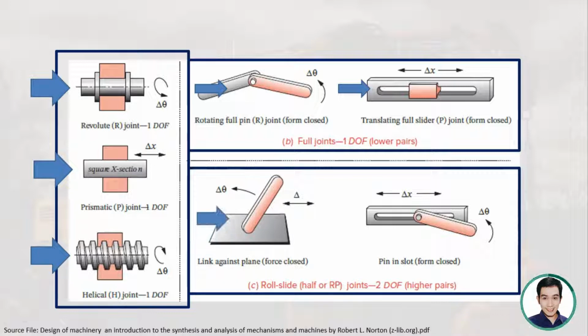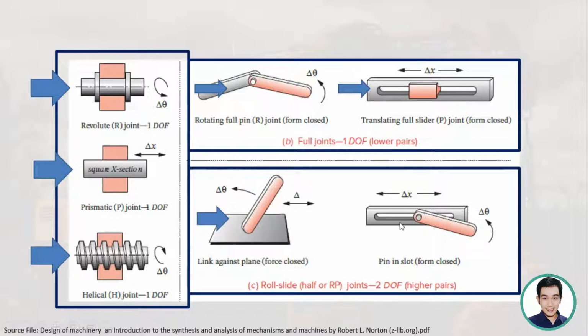For the link against plane, it's considered a force close because it requires force for them to stay connected. If you remove the force, they will no longer be connected. The degrees of freedom is 2 because it is allowed to rotate and also to translate.